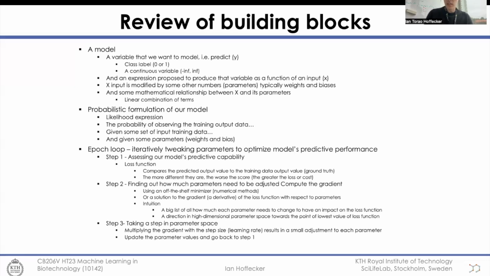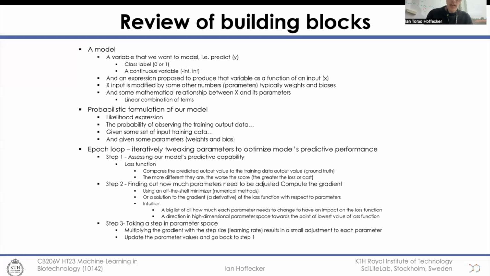So gradient is a type of derivative. So it's a measure of the slope or the rate of change of the loss function with respect to the parameters. So you might have many parameters. So basically, this is going to be a big list of all of the ratios of how much the loss function will change with respect to these individual parameters, or how important each of these parameters are in affecting the value of the loss function given their current value.